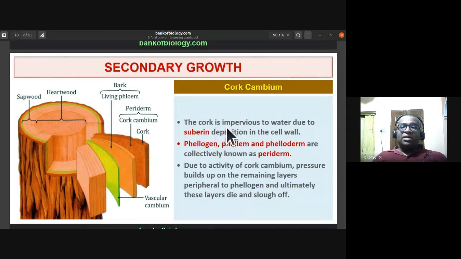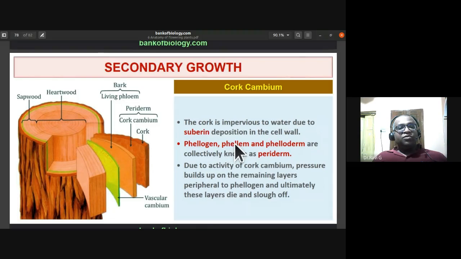See, the cork is impervious to water. It does not allow water to enter inside. Another name for cork is phellem. Why is it impermeable to water? Because it has suberin deposition in the cell wall. Because of the suberin deposition in the cell wall, it is impermeable to water.